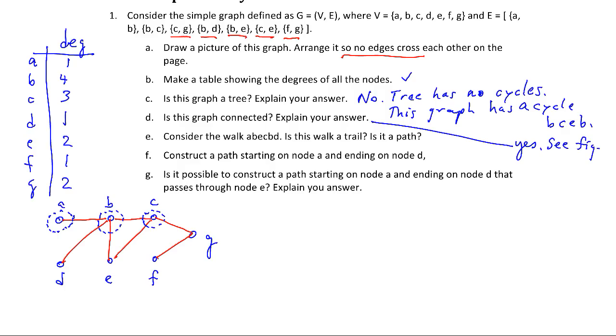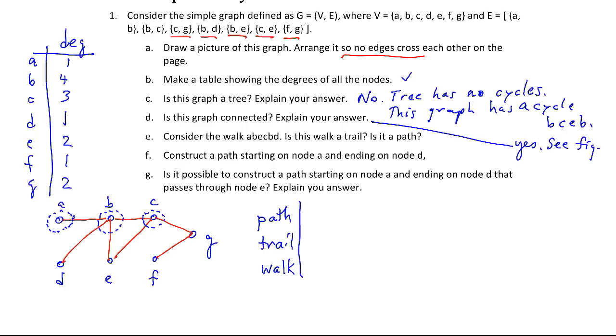Consider the walk A, B, E, C, B, D. Is this walk a trail or a path? Here's a reminder: we have a path, a trail, and a walk.